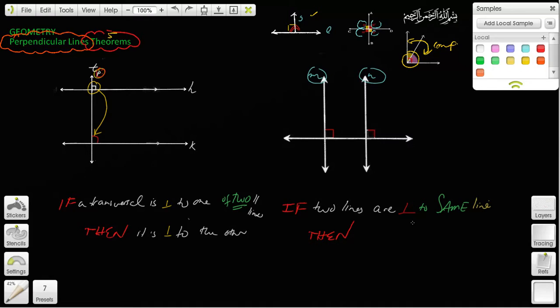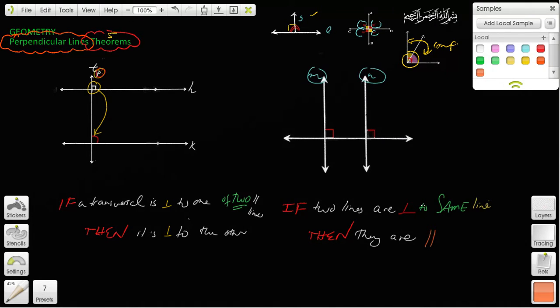If two lines are perpendicular to the same line, then they are parallel. So this is a theorem that merges the perpendicular and parallel lines parts of the chapter. This is another way of proving lines to be parallel.